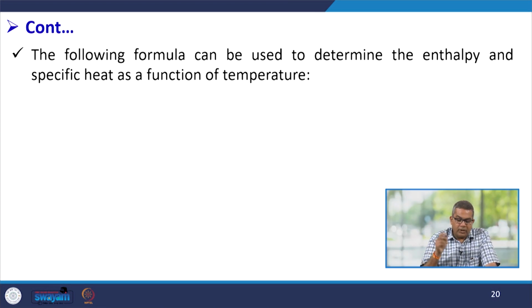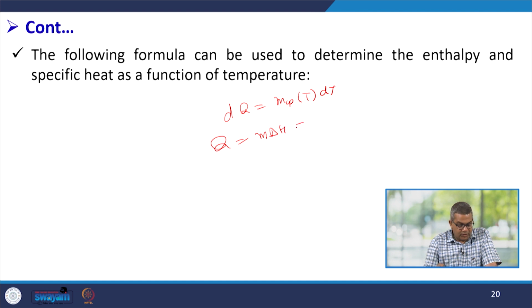The following formula can be used to determine the enthalpy and the specific heat as a function of temperature: dQ is equal to m Cp(T) dT, and Q is equal to m delta H is equal to m times the integral from T1 to T2 of Cp(T) dT.